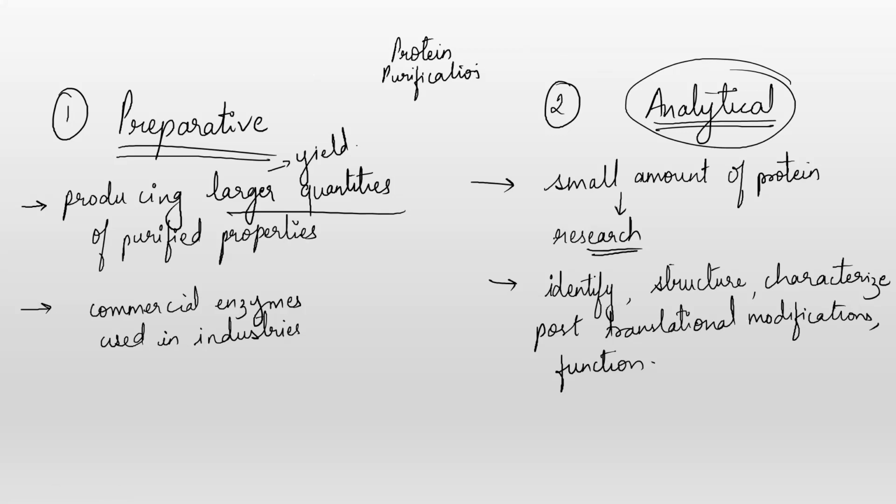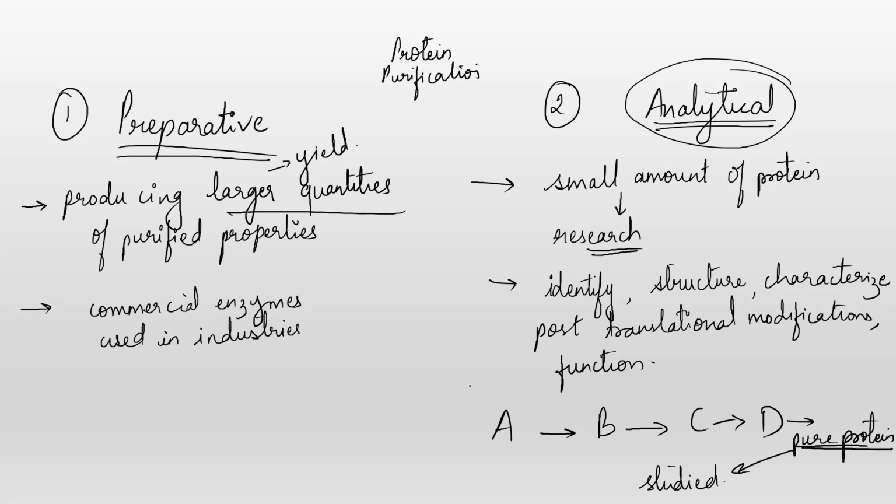Once you get the profile, you look for preparative purification, where you know that if I do this kind of strategy, A, B, C, D, then finally I'm getting a pure protein. You have already researched and studied everything, and now you have all the data. Now you move to where you can scale up.